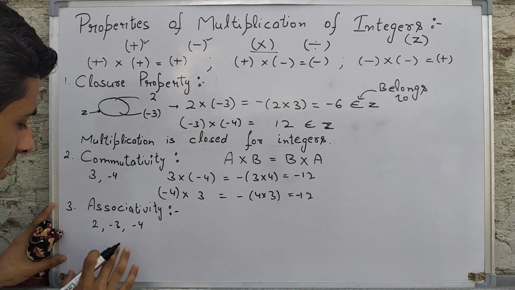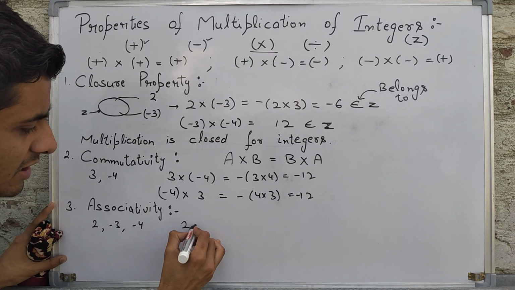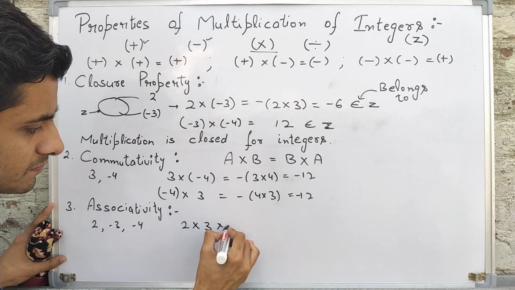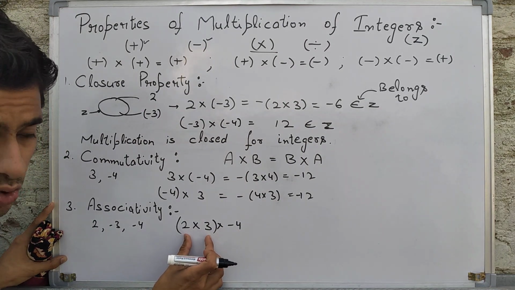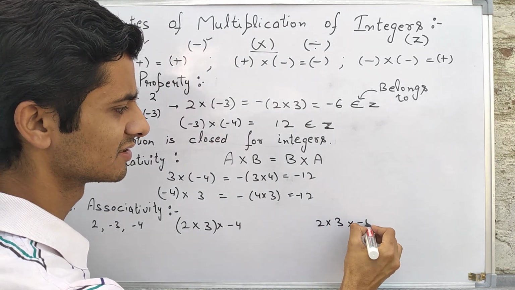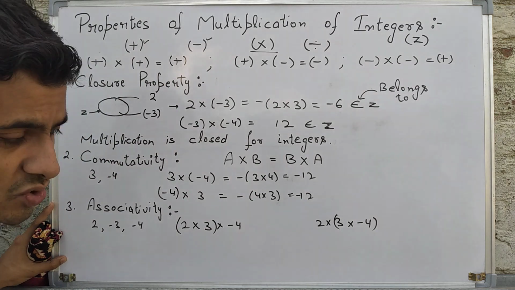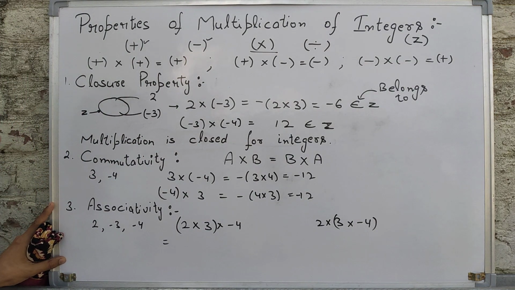This we have already covered. So let us try to multiply it. How can you multiply? Either we can multiply it like this. I can associate these two together, or I can associate these two together. So let us check what the answer comes.